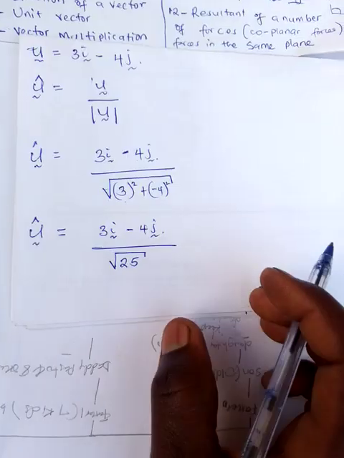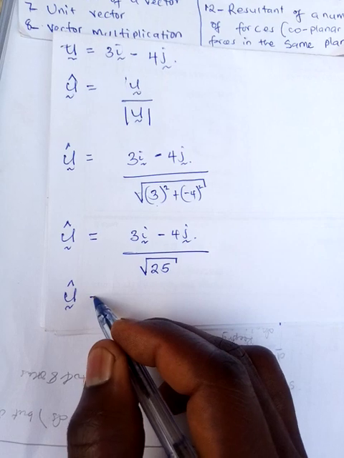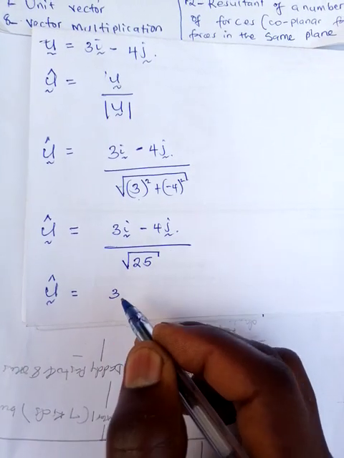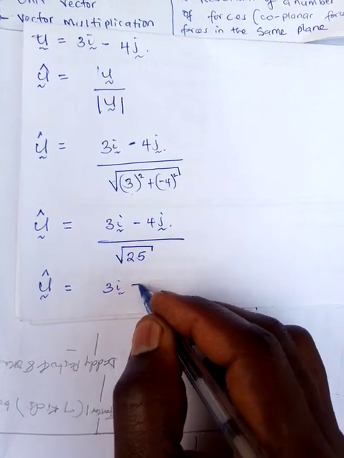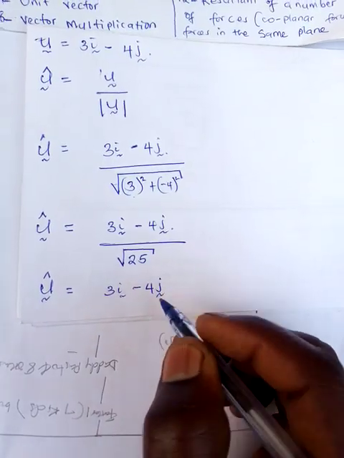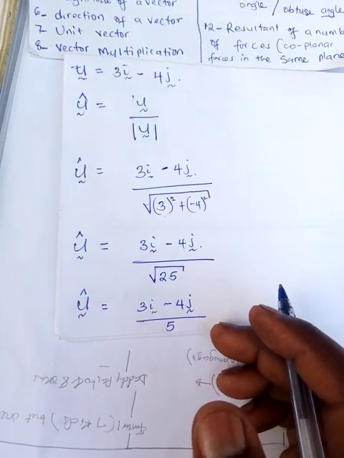So this one is out of 5. So our unit vector will be 3 in i minus 4 in j divided by 5.